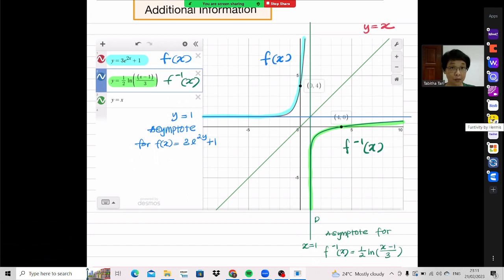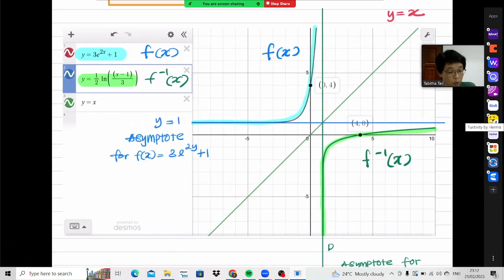And we're not finished yet. Let's go on and notice further: the intercept. The intercept for the function is at (0, 4), so the y-intercept for the function is at 4. I want to draw our attention to an interesting fact.